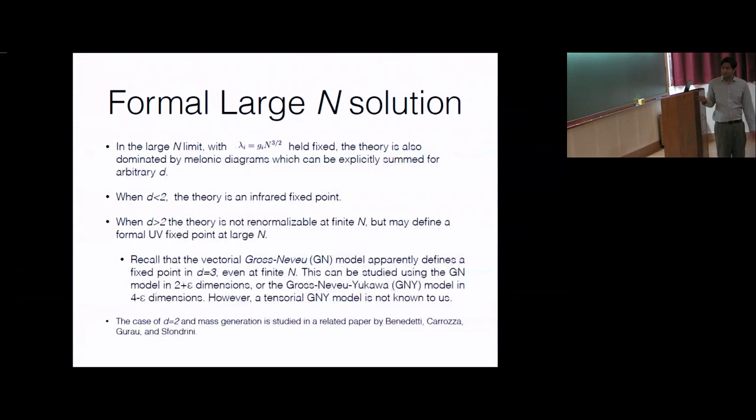But it can also be studied using the Gross-Neveu model in 2 plus epsilon. So perhaps for d equals 3, you could define a melonic Gross-Neveu model, though we'll see it also has a complex fixed point.